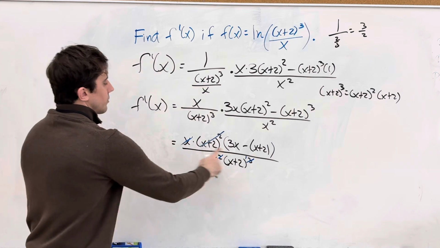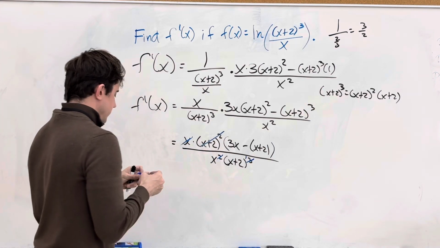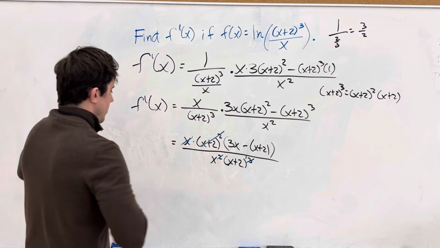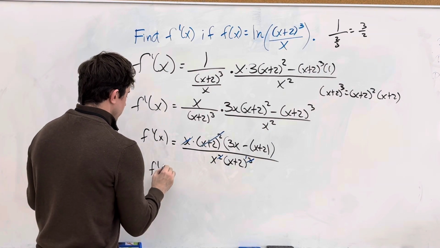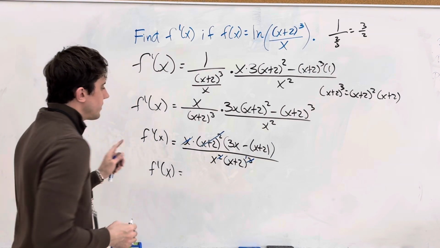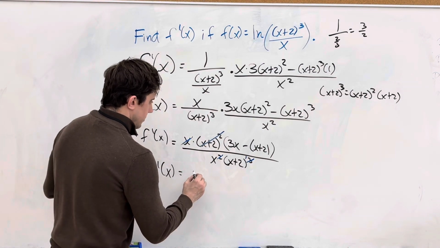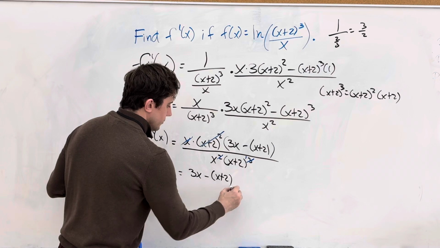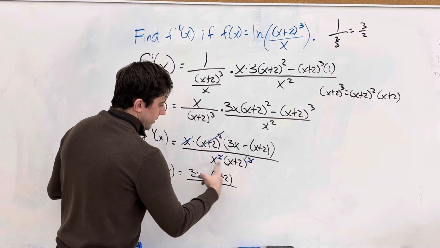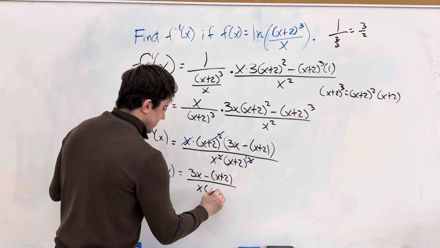And so now our entire numerator, f prime of x, that's going to be 3x minus (x plus 2) over x times (x plus 2).